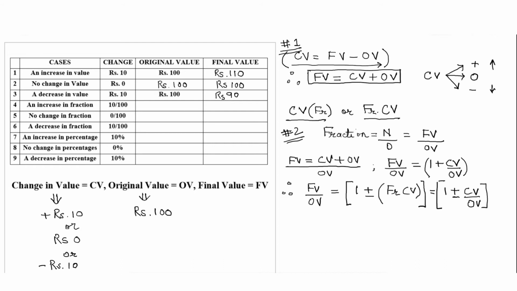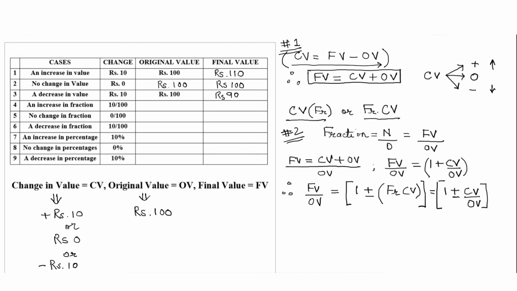Now in this 4th case, when we talk about an increase, I am basically talking about the fractional increase. When you have increased ₹10 over ₹100, what is going to be the fractional change in value?